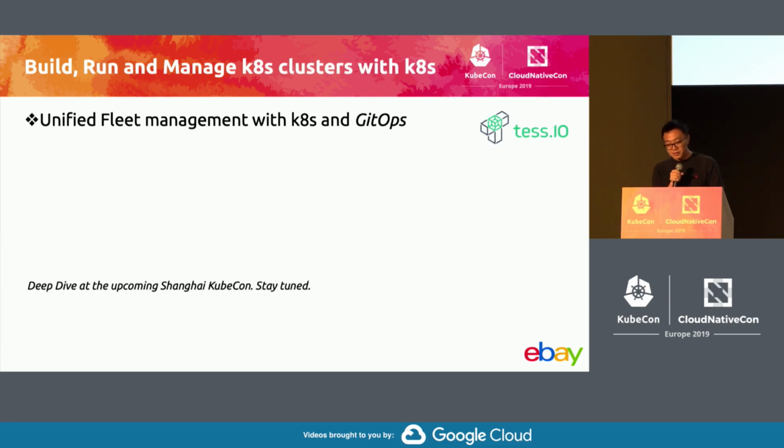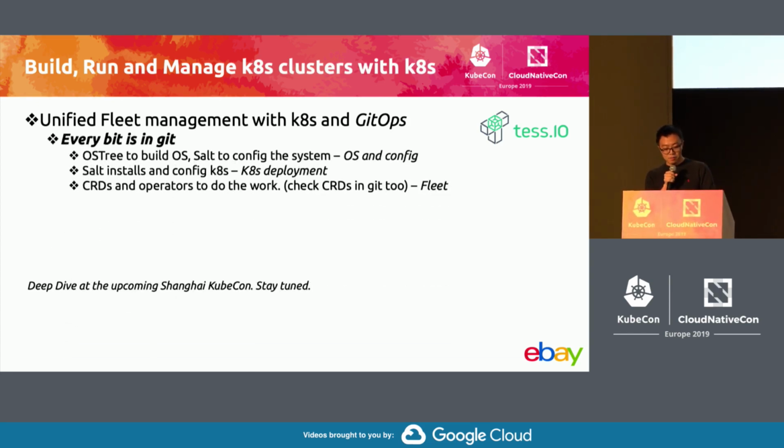But to summarize, this is an important piece of running our high-performance fleet, because with our fleet management system, we model eBay's data center. We have lots of controllers doing different things, and we pretty much have every bit in Git. What does this mean? From the ground up, you have the operating system, which we built with OSTree, and we have it modeled in the API server with CRDs.